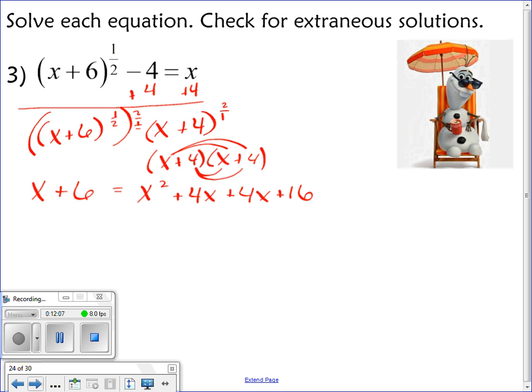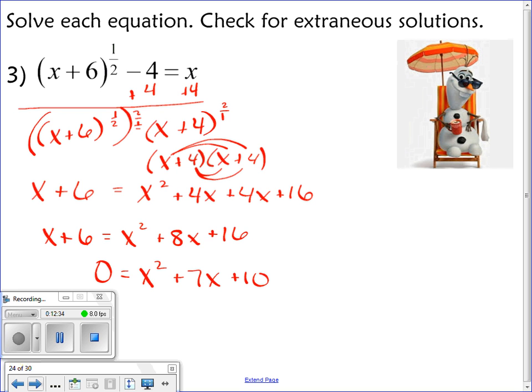Are some of you at the point where you're starting to do that in your head? Good. All right, so if I clean it up, x squared plus 8x plus 16. Good. I need to move it over. So x squared, I'm going to subtract the x. It would give me 7x. Subtract the 6. It's 10.